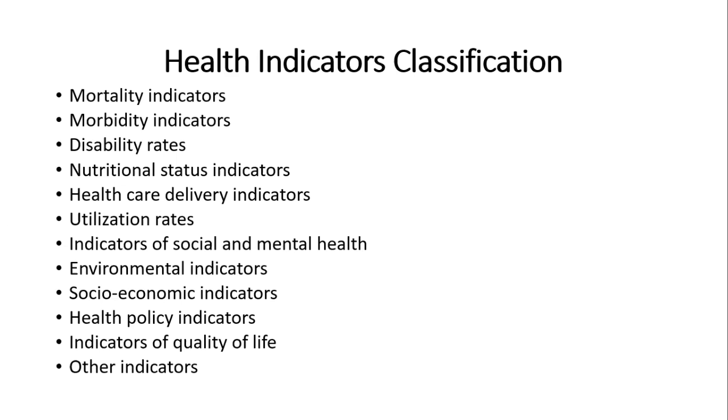So as I said, indicators are mortality indicators, morbidity indicators, disability rates, nutritional status indicators, healthcare delivery indicators, utilization rates, indicators of social and mental health, environmental indicators, socioeconomic indicators, health policy indicators, indicators of quality of life, and then other indicators which are not clubbed in any of these. So when you are doing community diagnosis, you have to look into which type of indicators you are going to look for. So accordingly, you can plan.